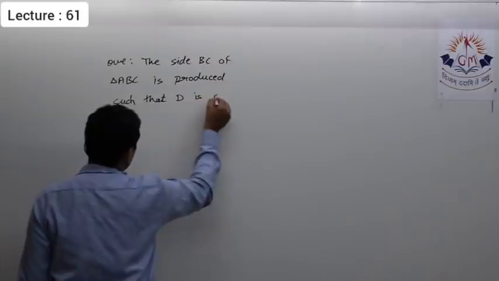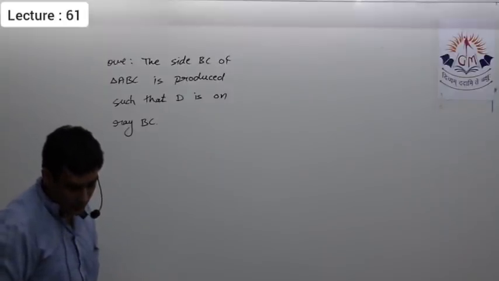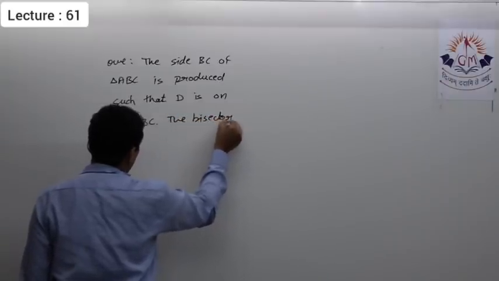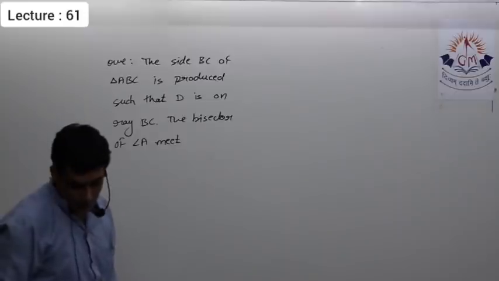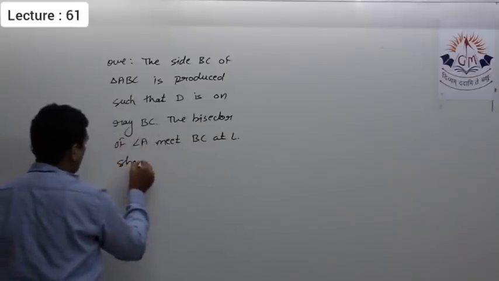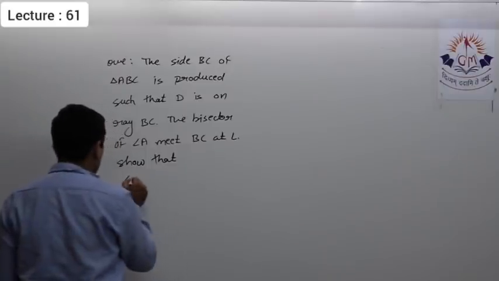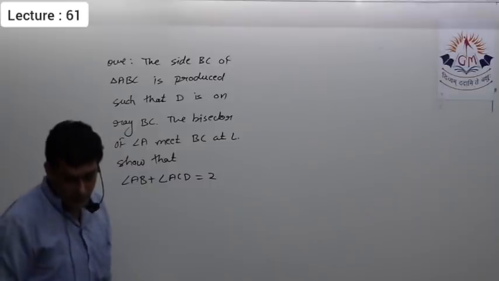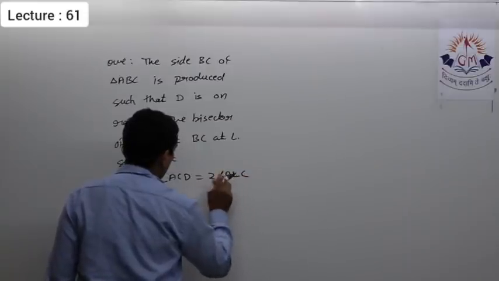The bisector of angle A meets BC at L. Show that angle ABC plus angle ACD is equal to twice angle ALC. That you have to show.